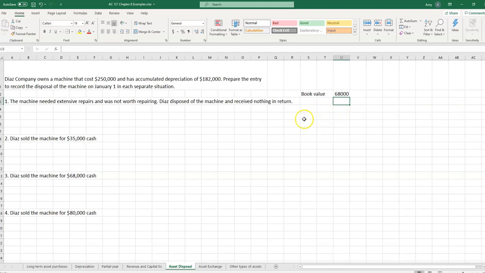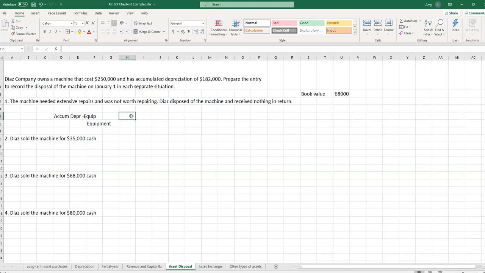Every time that we dispose of or sell a piece of property, plant, or equipment, we need to remove that property, plant, and equipment from our records by crediting the account where it's stored, and we need to remove the accumulated depreciation. Because accumulated depreciation has a credit balance, we need to debit accumulated depreciation. So we would have accumulated depreciation equipment and then our equipment account.